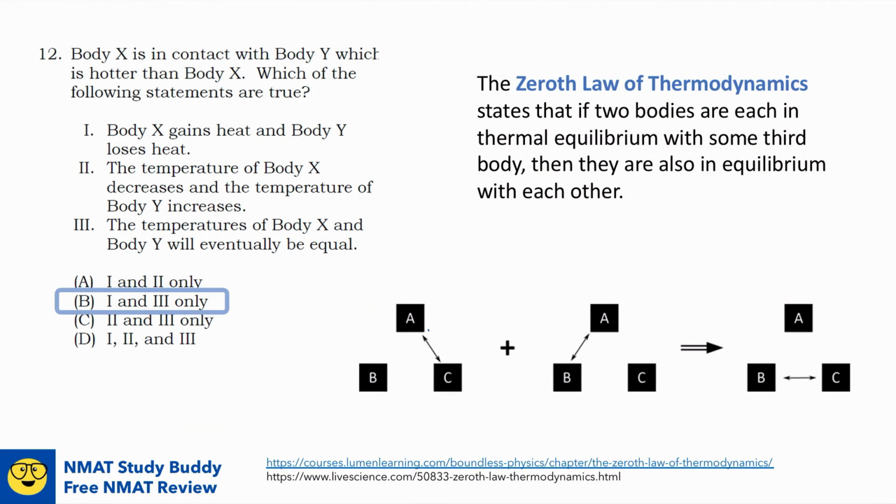So, for example, dito sa diagram, yung sinasabi ng zeroth law, kapag yung body A and body C are in thermal equilibrium, and then yung A, in thermal equilibrium din siya sa body B, ibig sabihin nun, yung body B and body C are also in thermal equilibrium. Ulitin ko lang, yung thermal equilibrium, it happens when temperatures balance out and heat stops flowing. Ibig sabihin, equal na sila ng temperature.